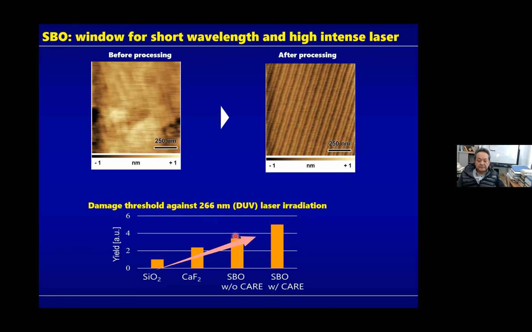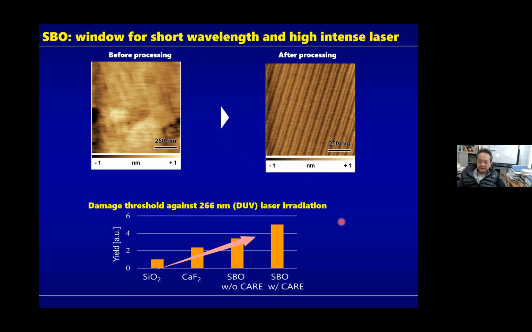So far we have used calcium fluoride, but the SBO gives higher performance. And when the surface is planarized by using CARE, the performance increased from here to here. So the surface quality of the window is very important to heighten the damage threshold.